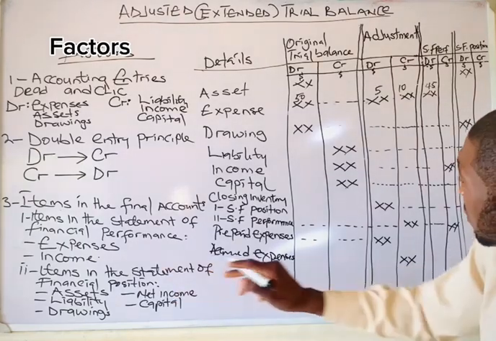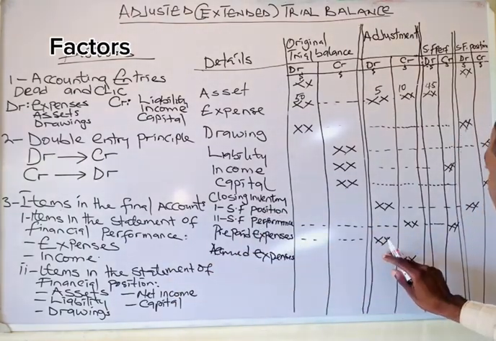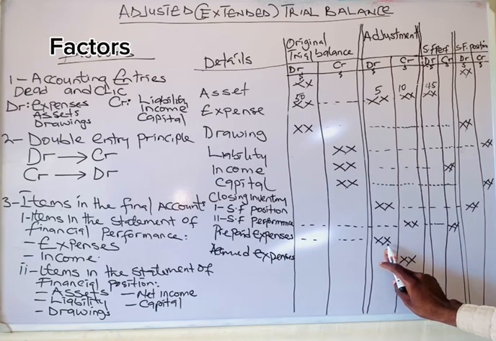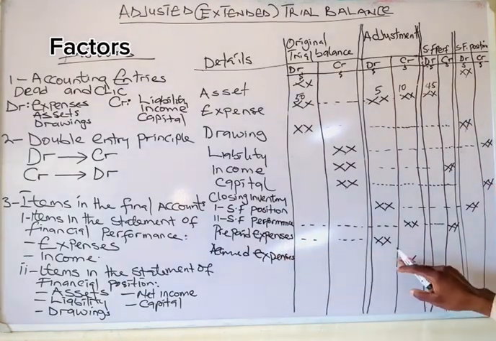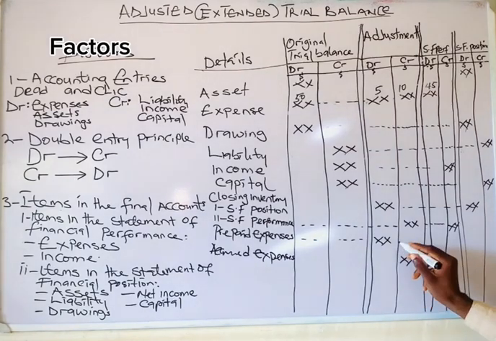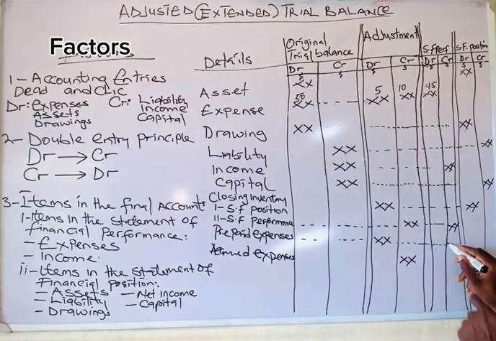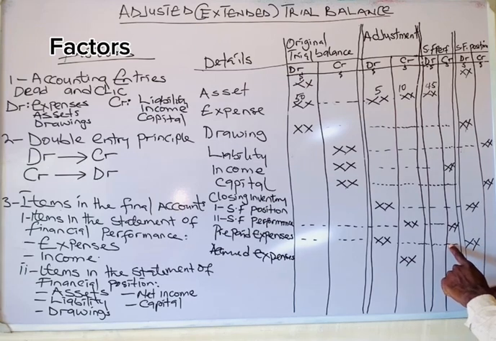Then your prepaid expense. Your prepayment is a debit balance. I hope you understand. So your prepayment is always an asset. So you take your prepayment to the statement of financial position at the debit side, since it has a debit entry.